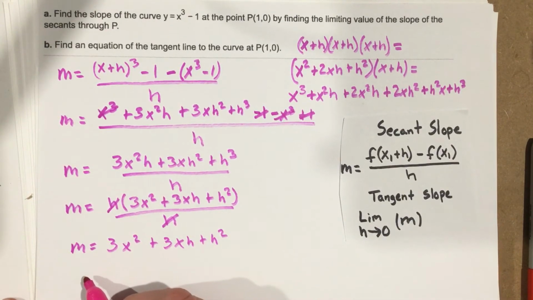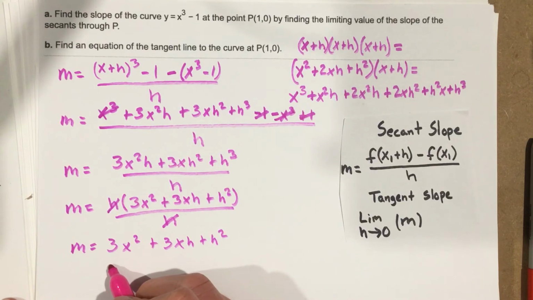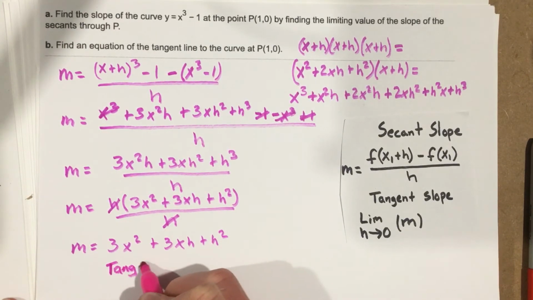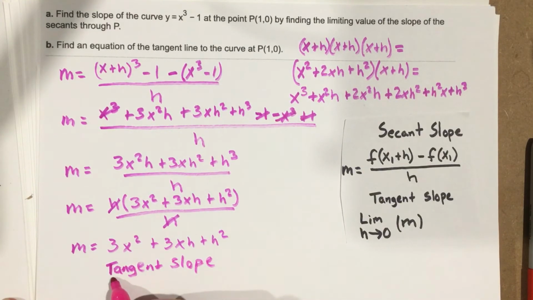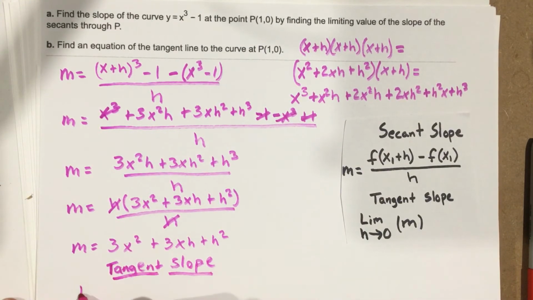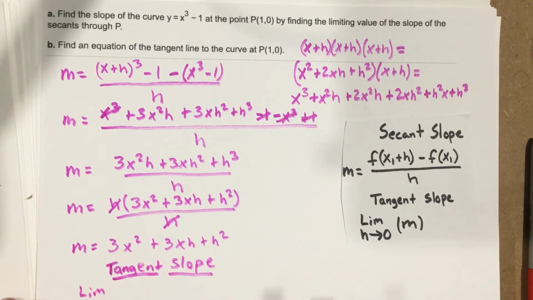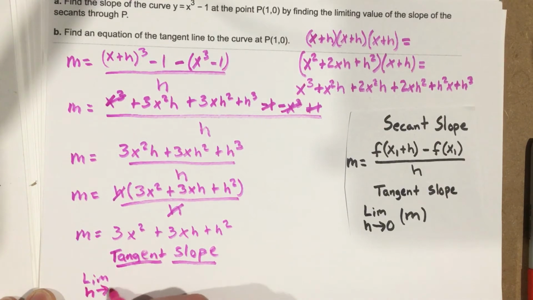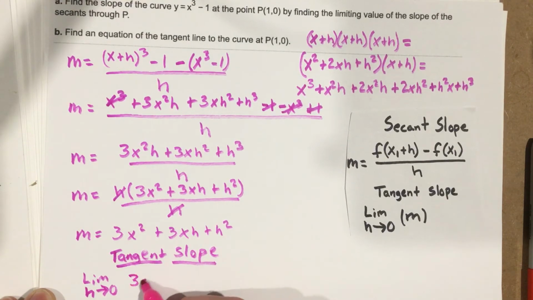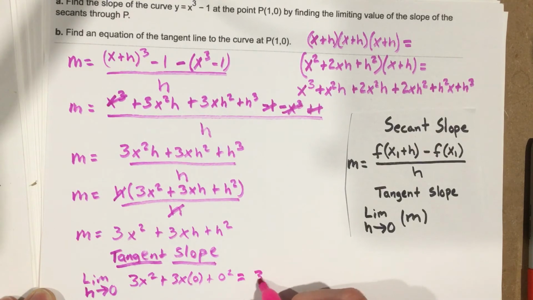So we're going to say for the tangent slope, limit as h approaches 0, and we're going to plug in 0, and we get 3x squared plus 3x times 0 plus 0 squared, and this ends up being just 3x squared.